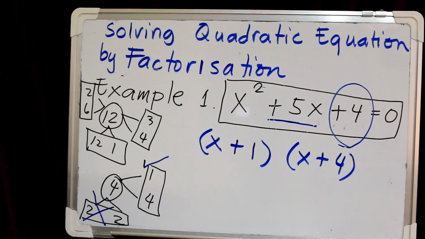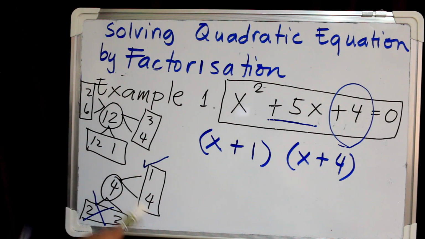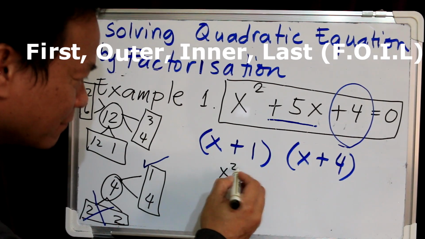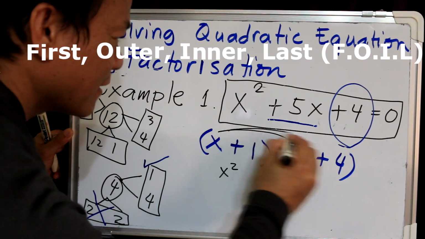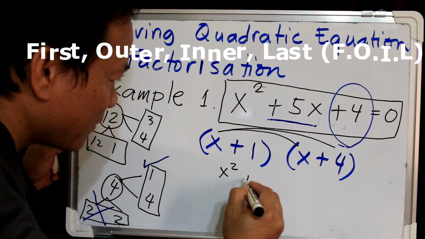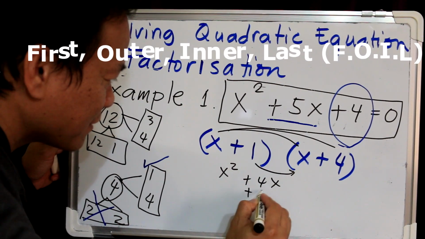Alright? So when you check that, that means x squared. Okay, let's do the checking. So you have x squared. Then that's first, outer. Then you have plus 4x. Then you have plus 1x.